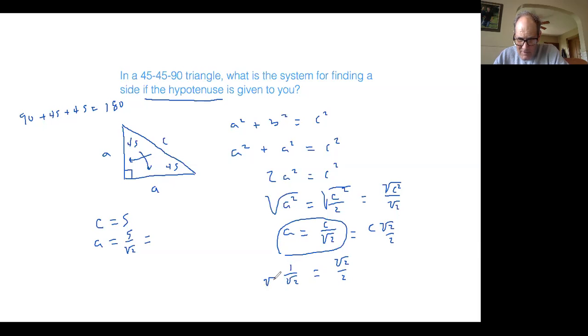You get rid of that radical by multiplying by the square root of 2 over the square root of 2, which gives square root of 2 on top. Square root of 2 times square root of 2 is square root of 4, which is just 2. That's how that is. But since we use calculators, it's just as easy to take the hypotenuse and divide it by the square root of 2. So there's your relationship.